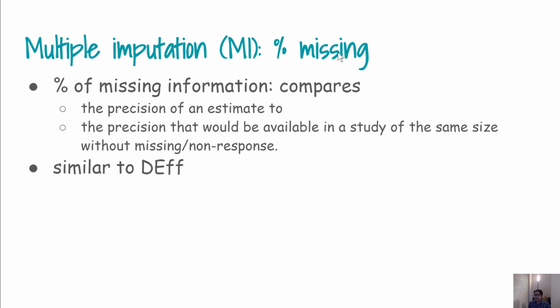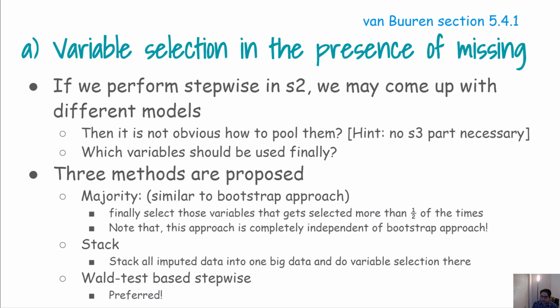It basically compares the precision of an estimate when you have missing data versus the precision of the estimate when there was no loss of sample size because of missingness or non-response. And usually in the statistical software they report this percent missing, and this gives you some idea about how much precision you are losing because of the missingness.